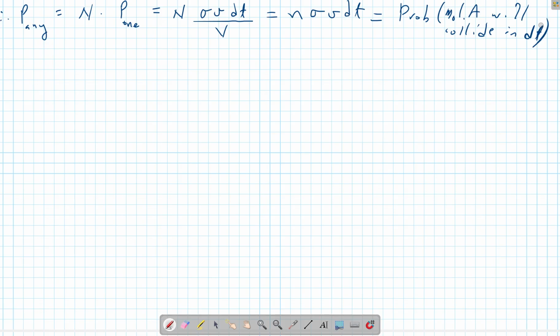So the next step is we want to compute. Remember what are we doing? We're trying to compute mean free path from the average collision time, right? The next step is we're going to compute, let's say, PT.